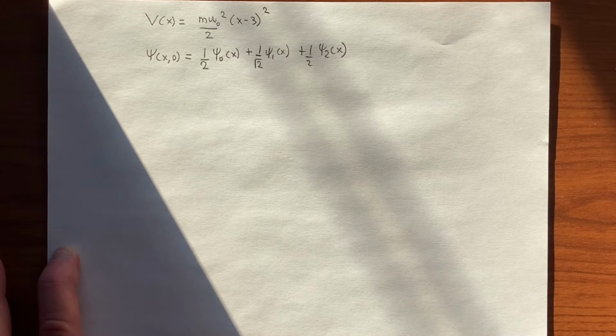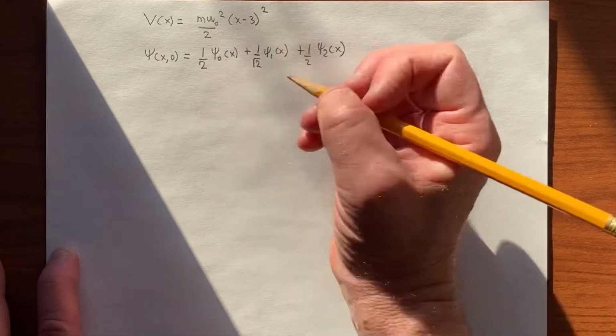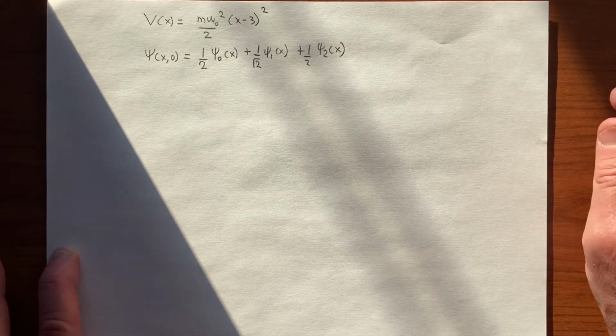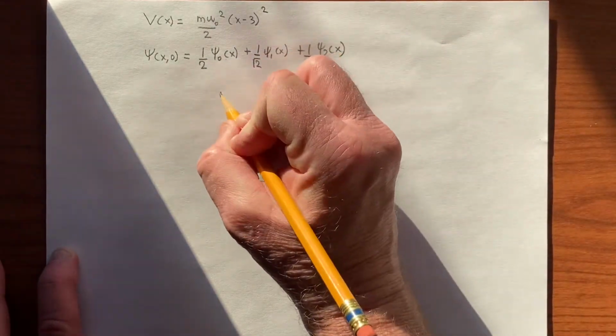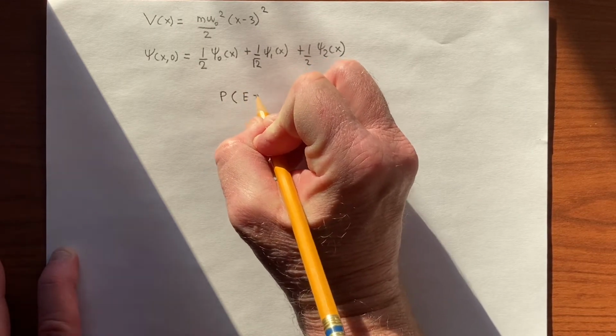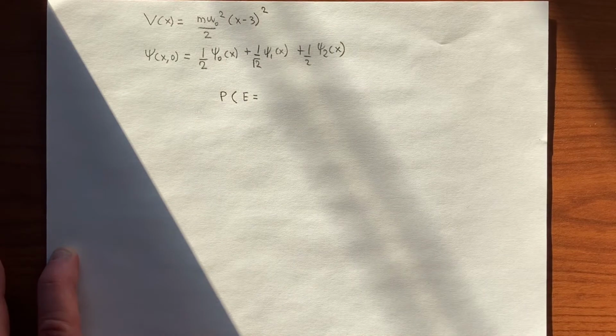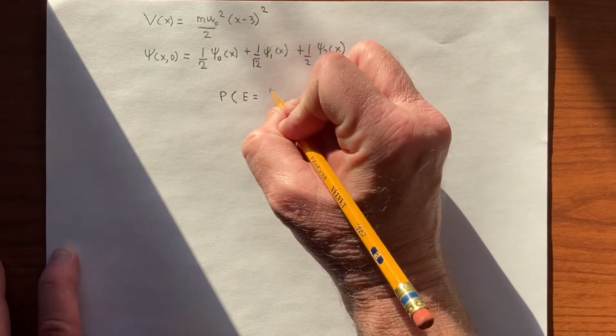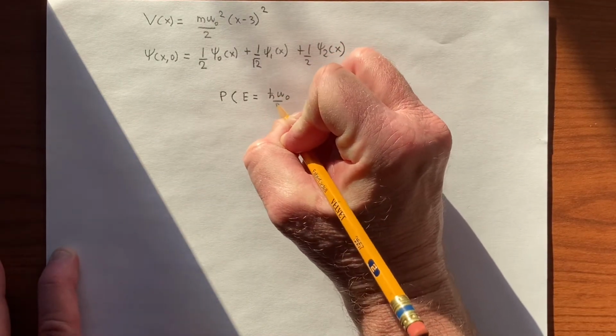And we want to know what's the probability of getting an energy h bar omega naught over 2.